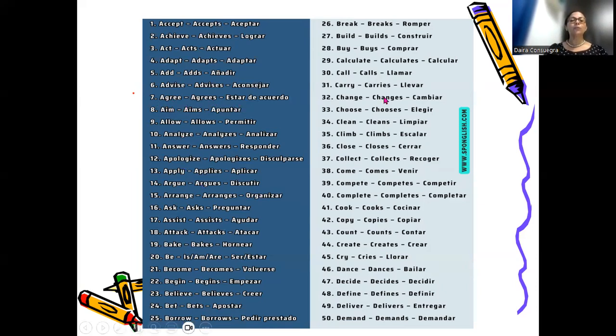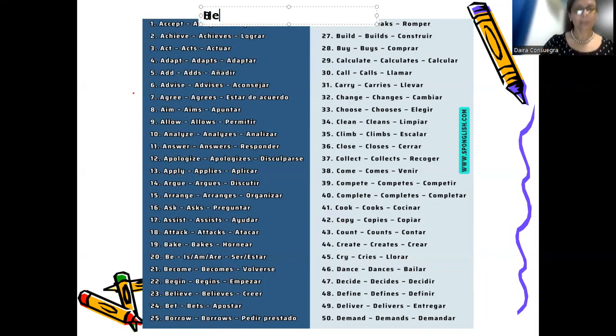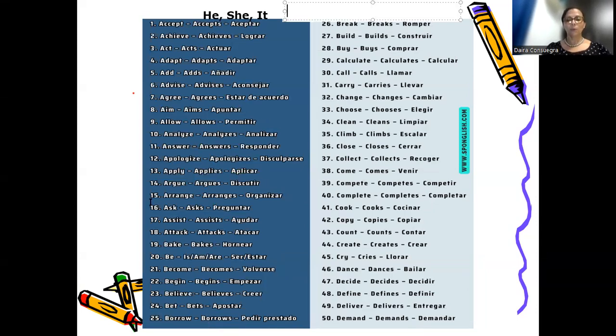So you have to read all these verbs. I'm going to read just the first part. In that way, you will understand that the second part is the conjugation for he, she, and it, okay? I'm going to write this over here in order for you to know. He, she, and it will use this one.